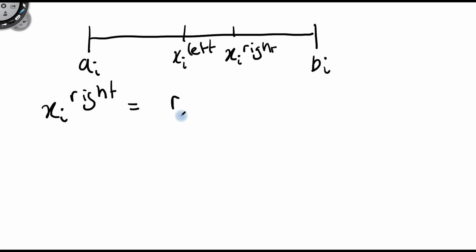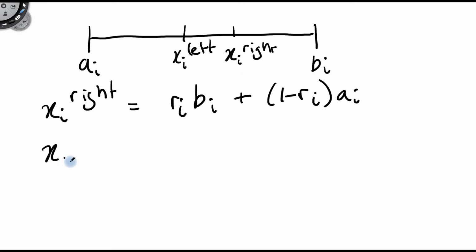So we can think of it as a sort of linear weighting, or linear combination, of your A_i's and B_i's. So remember, if this ratio, which is the ratio of this small section to the large section, was 1, which is never going to be, but just imagine it could be 1, then x_i right would be all the way over here. When it was 0, x_i right would be in the middle. So you've got a linear combination of the two.